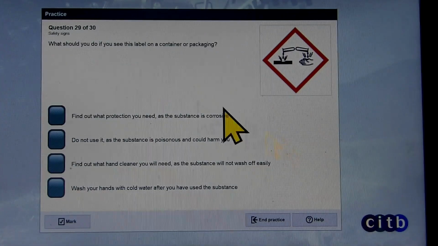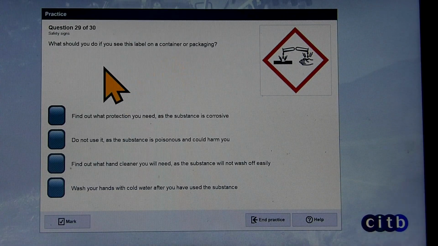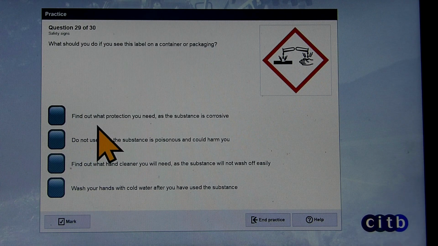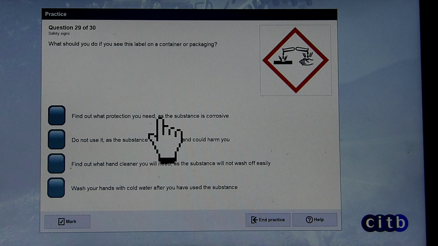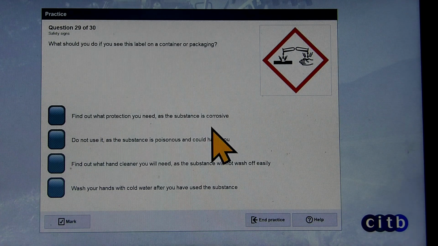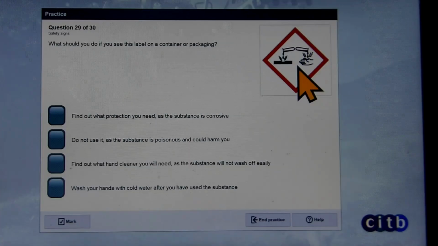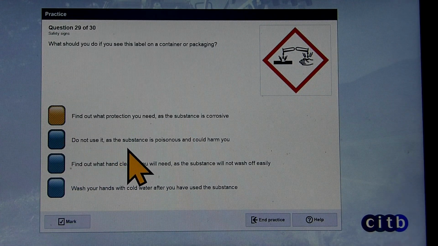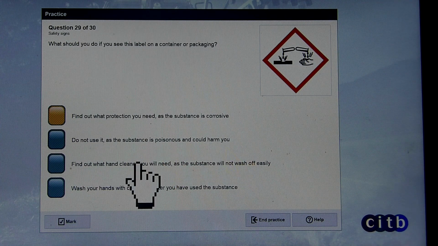Thank you very much. What should you do if you see this label on a container or packaging? What does it mean? Find out what protection you need, as the substance is corrosive. Do not use it, as the substance is poisonous and could harm you?